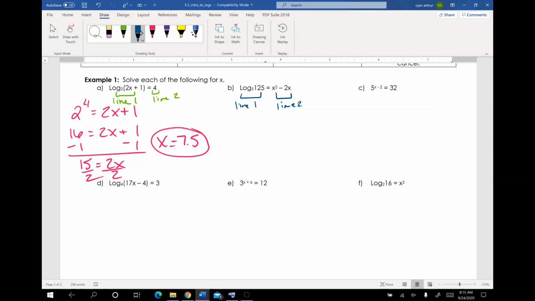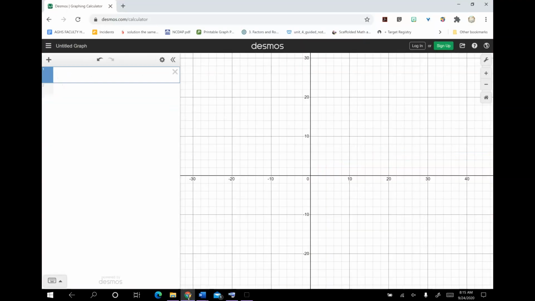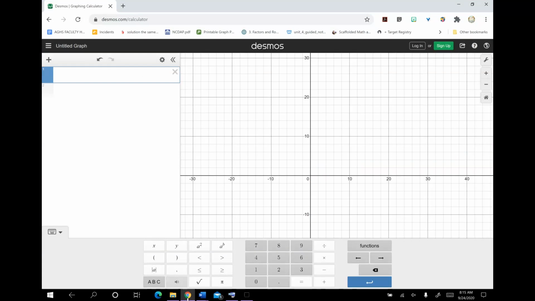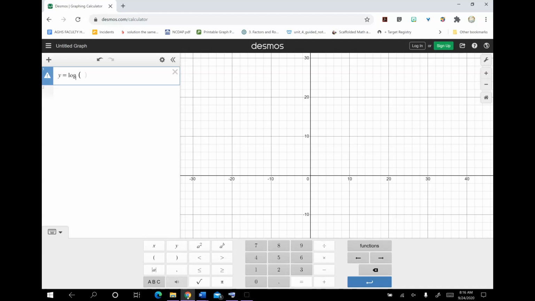I'm going to delete what I have, pull up Desmos' keyboard, and say y equals. The first one was log 5 of 125. So I'm going to go to log. Log 5, arrow over, 125, close your parentheses.